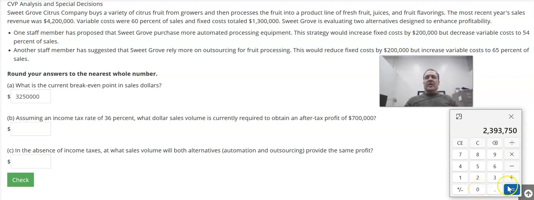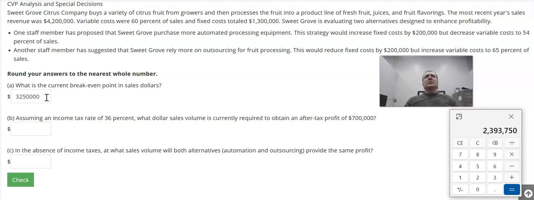And at this point, I'm at $2,393,750. How did I get there? Again, 700,000 divided by 1 minus the income tax rate, plus fixed costs, which are provided, right here, $1.3 million.